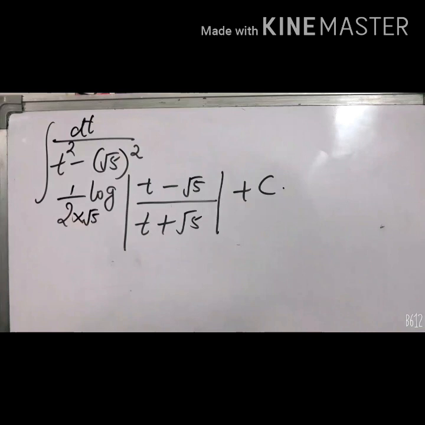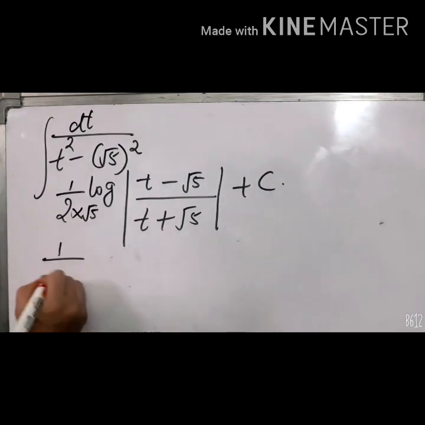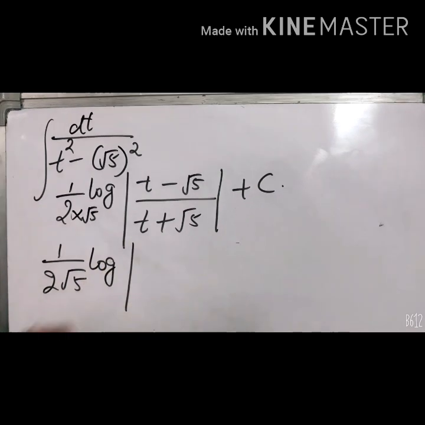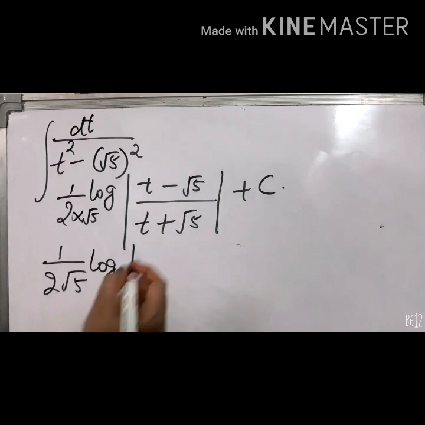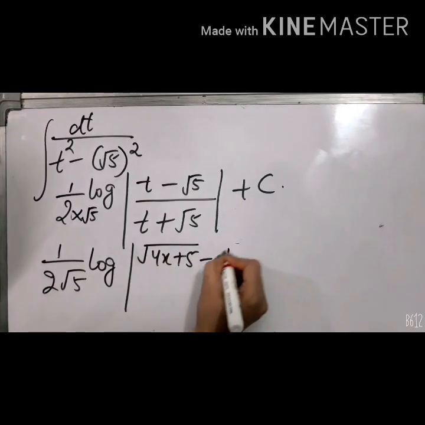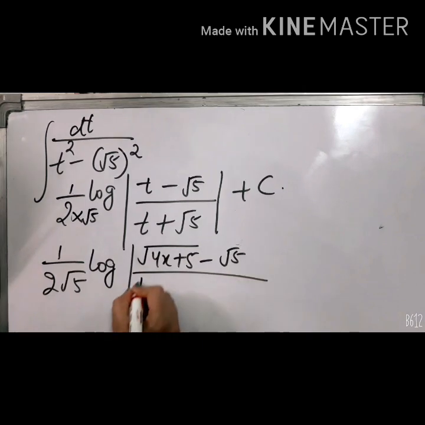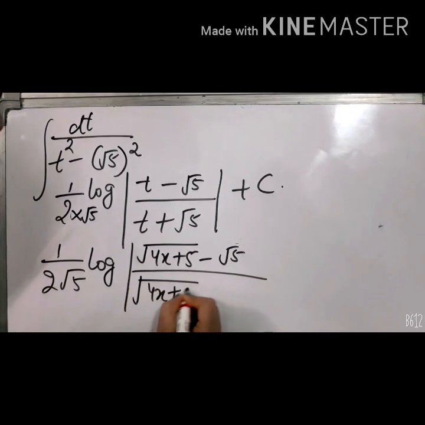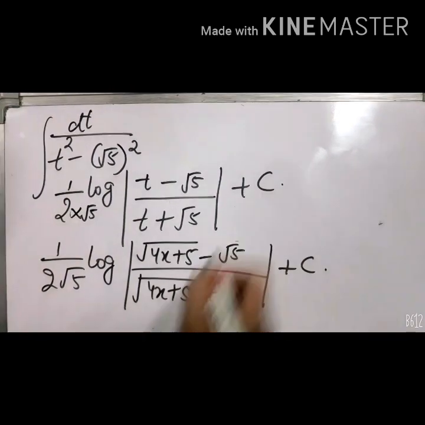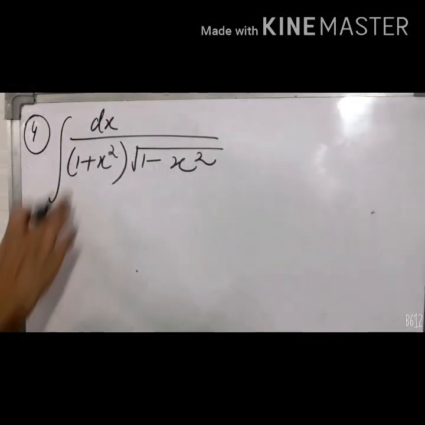Got it? Now what we let t? We will put the value 1 upon 2 root 5 log of under root of 4x plus 5 minus root 5 by under root of 4x plus 5 plus root 5. Simple. That completes the answer.